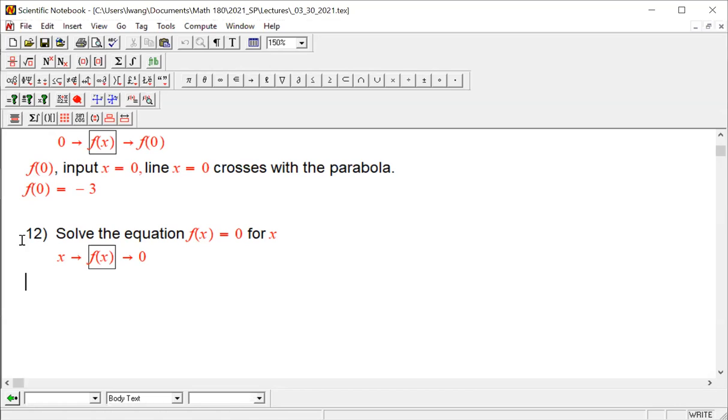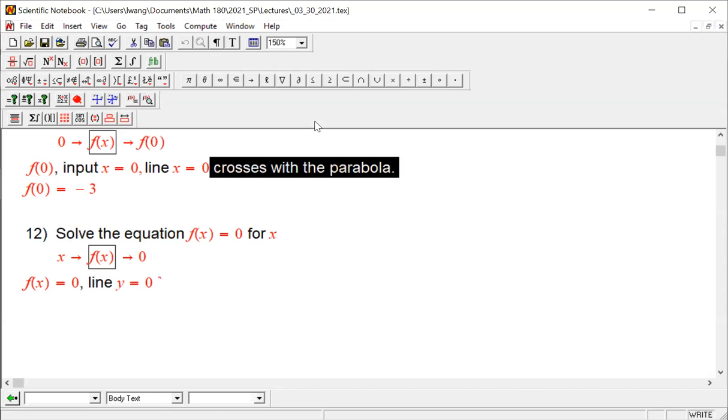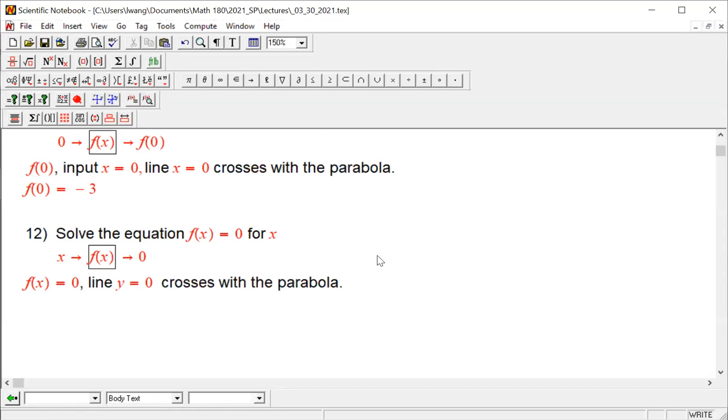All right. So number 12. We're setting f of x equal to 0, right? Given the output is 0, we're looking for the input. Geometrically, f of x equals 0 means the line y equals 0 crosses the parabola.